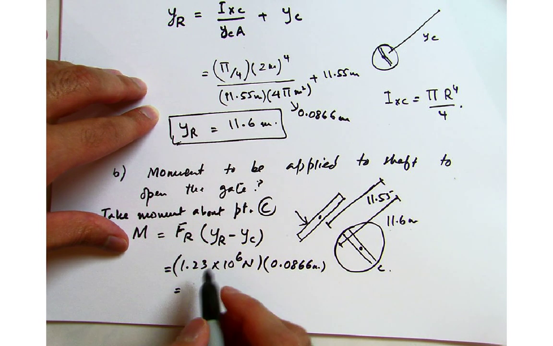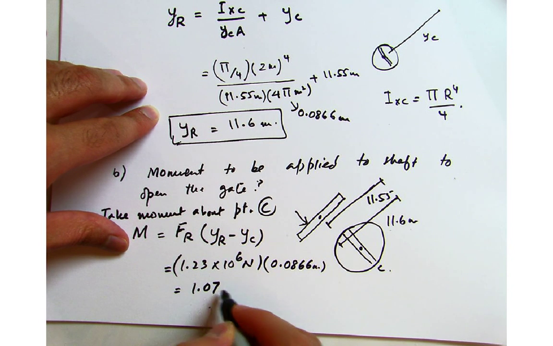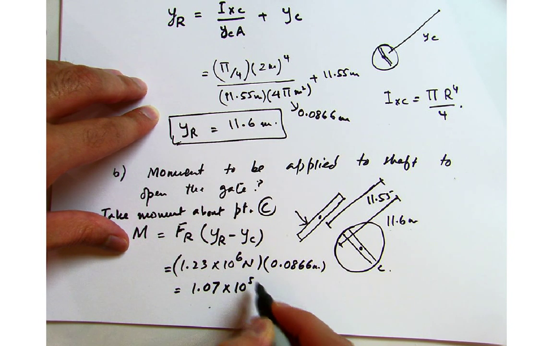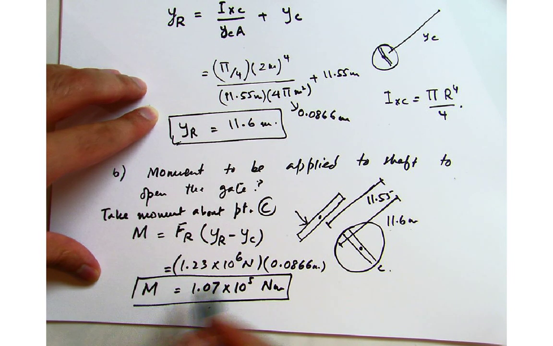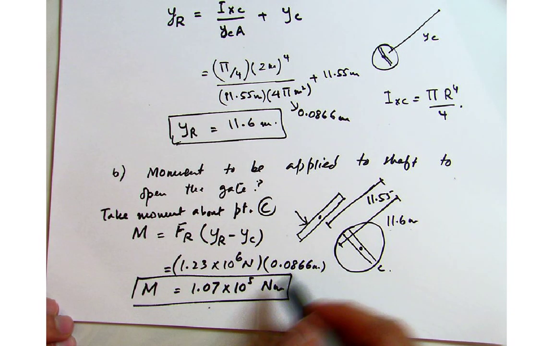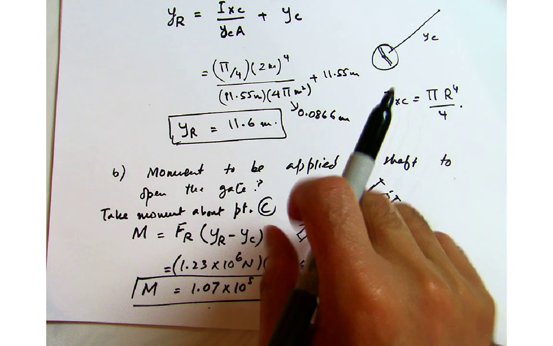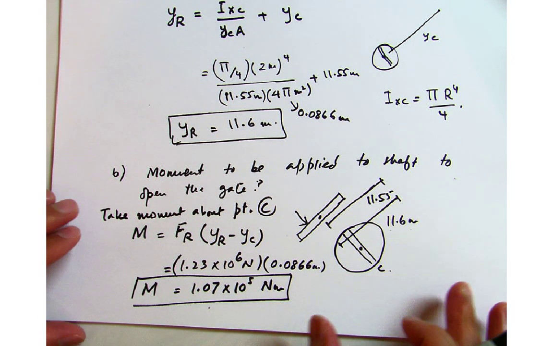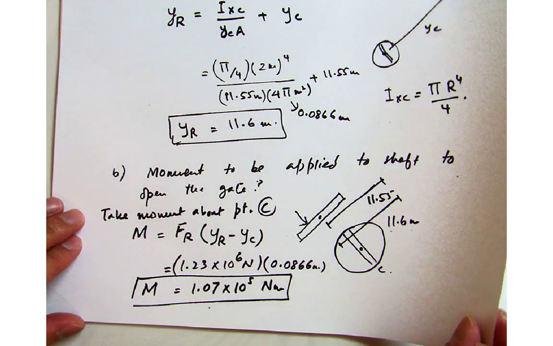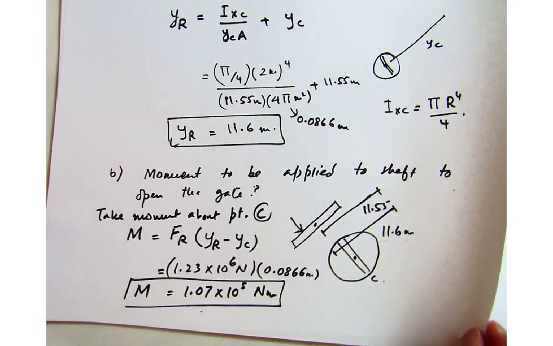When you multiply these two, you get 1.07 into 10 raised to power 5 newton meter. So this much of a torque, or the moment, you need to apply at the shaft to open this up so that the water can flow out. Alright, so this is for the forces acting on the inclined surfaces.